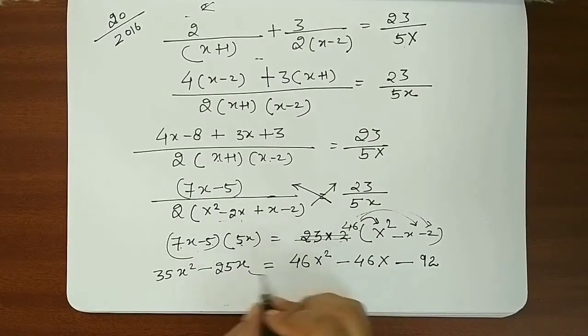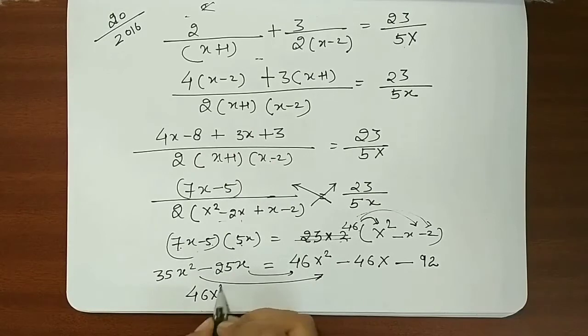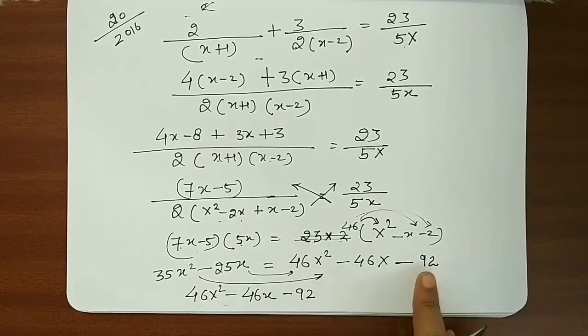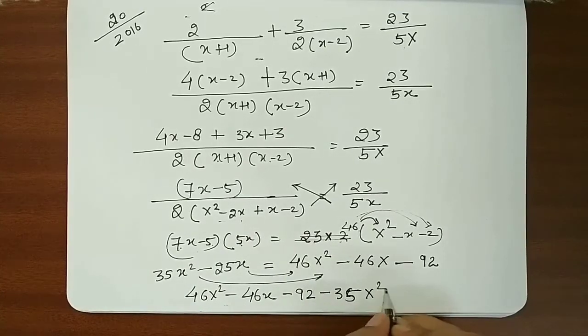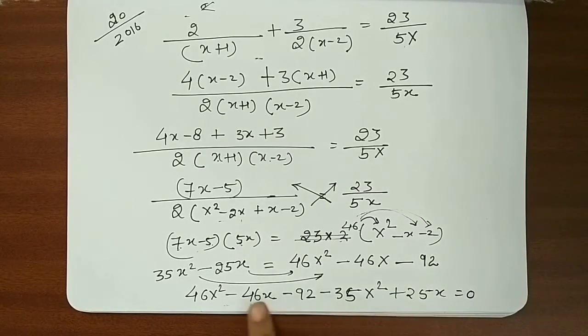Let's bring everything on one side, so that we can simplify it. Here are only two terms, so I will bring it this side and change the sign to 46x square minus 46x minus 92. This one will come here, minus 35x square plus 25x is 0. I am coming a little bit close to my quadratic equation.